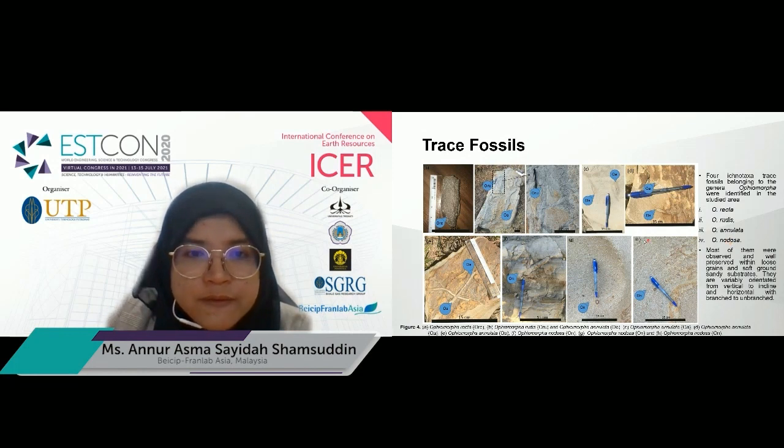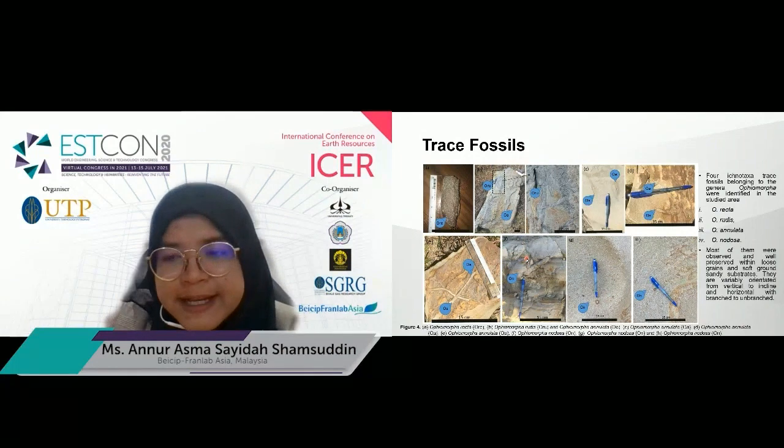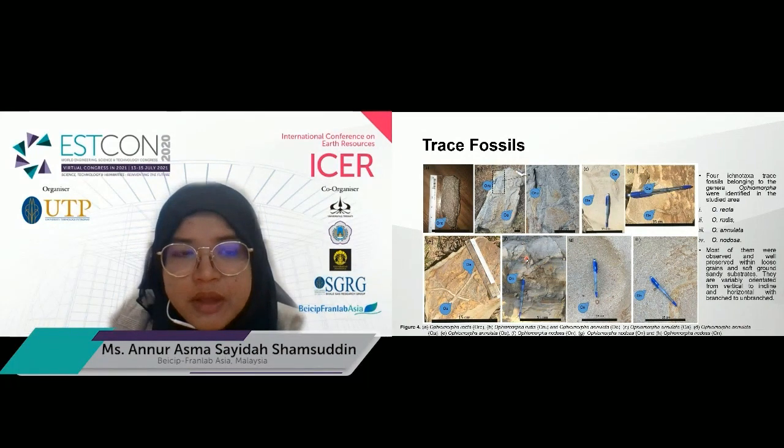Most of them were observed well preserved within the loose grain and soft ground sandy substrate. We can see they have various orientations, from vertical to inclined, and they have branched and unbranched forms. The detailed description of the taxa can be referred to in the paper.